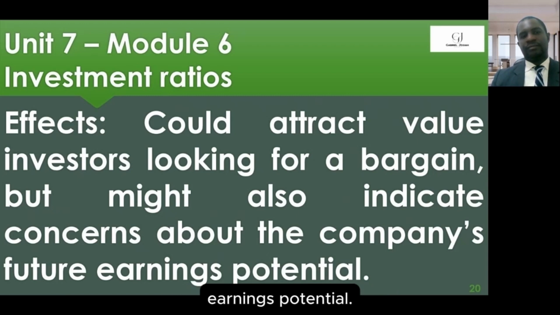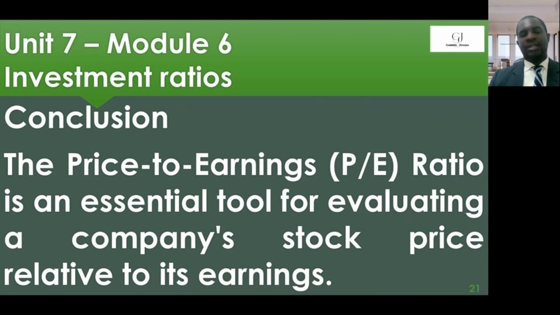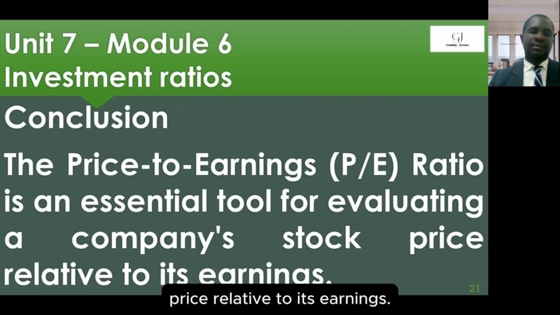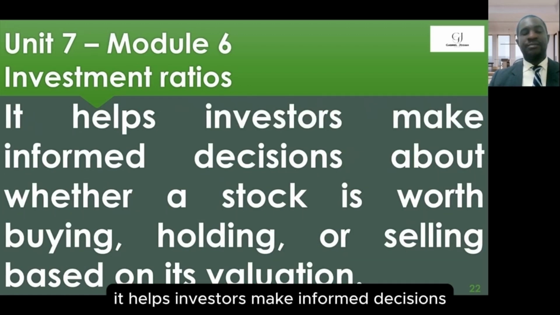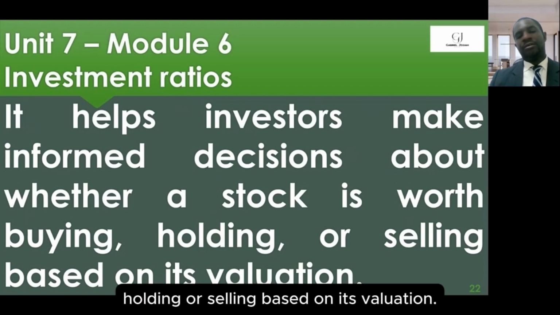earnings potential. So in conclusion, the price to earnings ratio is an essential tool for evaluating a company's stock price relative to its earnings. It helps investors make informed decisions about whether a stock is worth buying, holding, or selling based on its valuation.